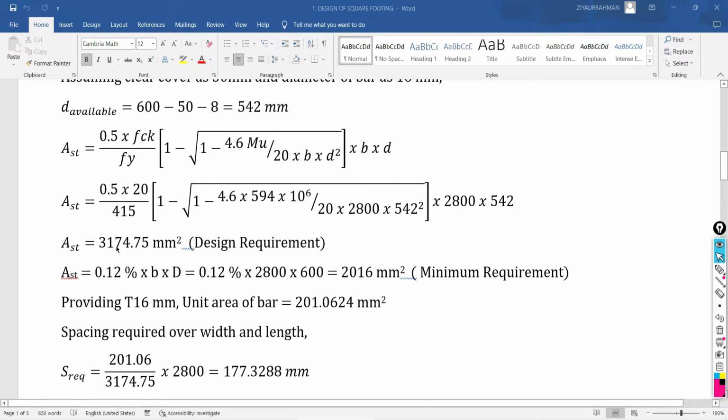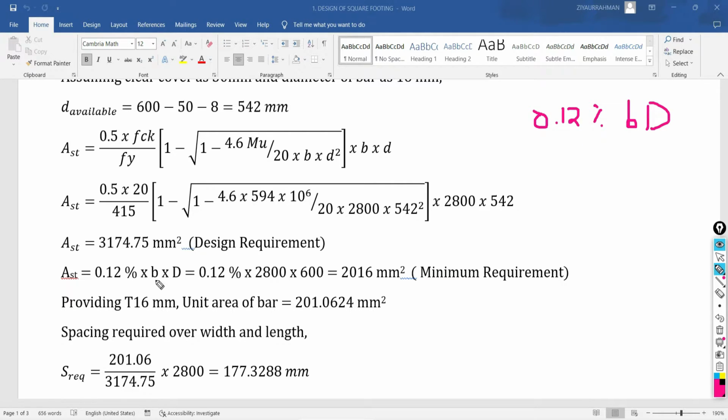Okay, we have to check it with the minimum requirement of reinforcement for the footing. For the footing slab, as per IS 456, it is recommended that the minimum percentage of reinforcement should be 0.12% of B into D. So I put the value as 0.12% multiplied by 2800 multiplied by 600. 0.12% means divided by 100, multiplied by 2800 multiplied by 600.